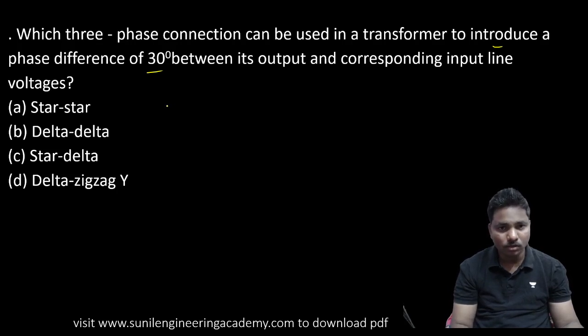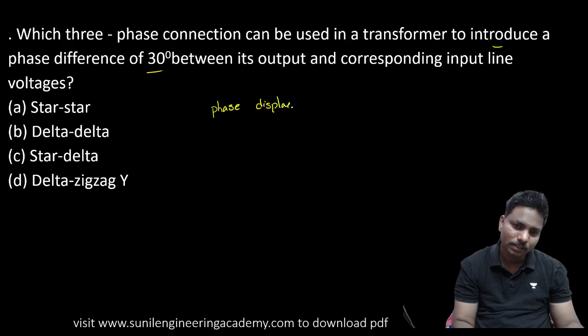If you are going to connect transformers in parallel, they must have the same phasor group. Based upon the phase displacement, we have two phasor groups, phasor group 1 and phasor group 2.